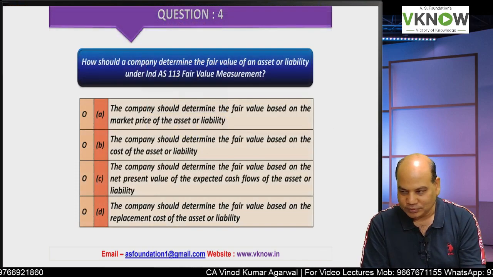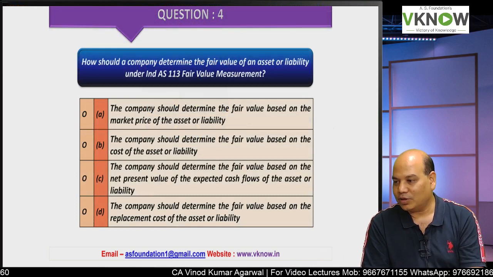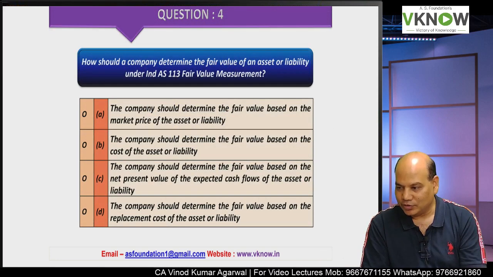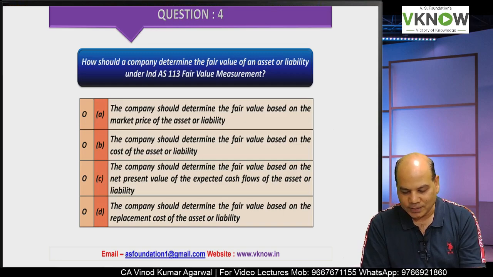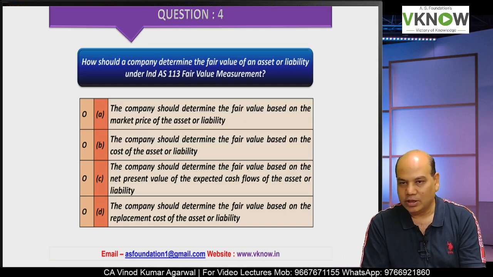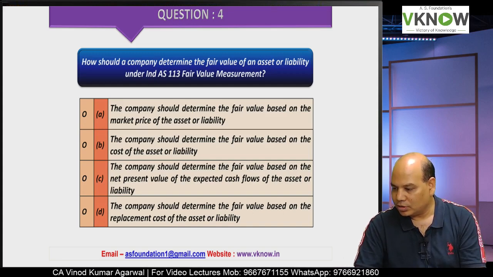Question number 4. How should a company determine the fair value of an asset or liability under Ind AS 113? So the options are: companies should determine the fair value based on the market price of the asset or liability. Is it right?